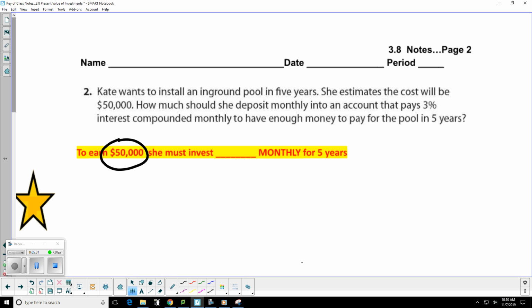I'm trying to figure out, wait for it, how much she's investing on a monthly basis, because it says she deposits blank monthly into an account. So I'm going to use a slightly different formula.